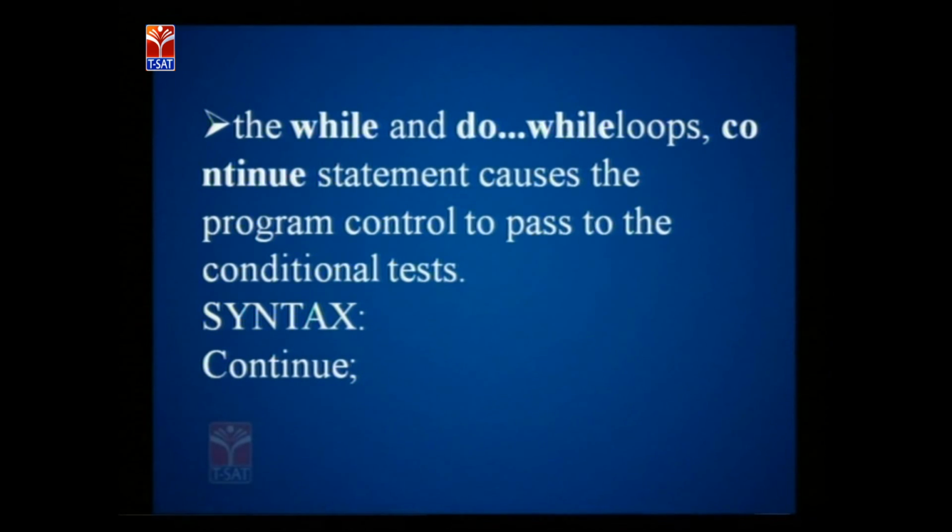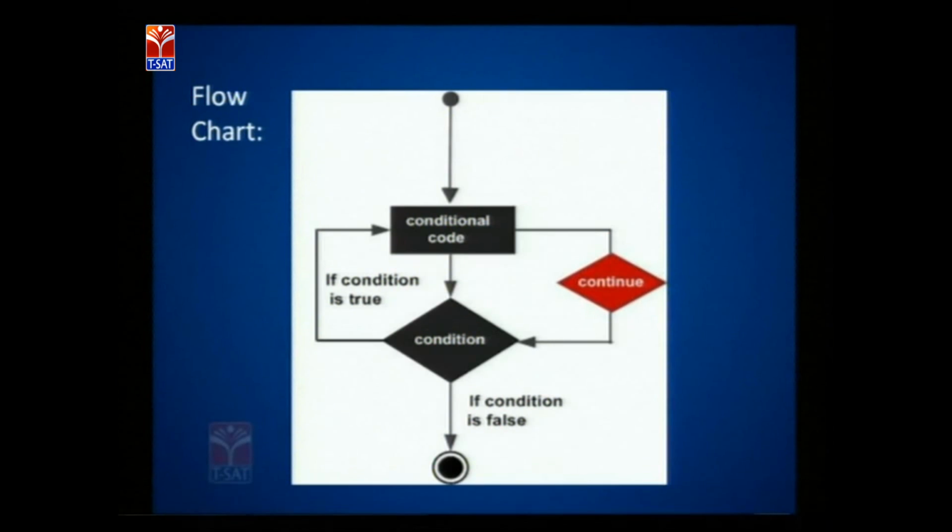The syntax of the continue statement is continue and a semicolon, because it just needs to skip some statements and continue. Let us have a look at the flowchart of the continue statement.